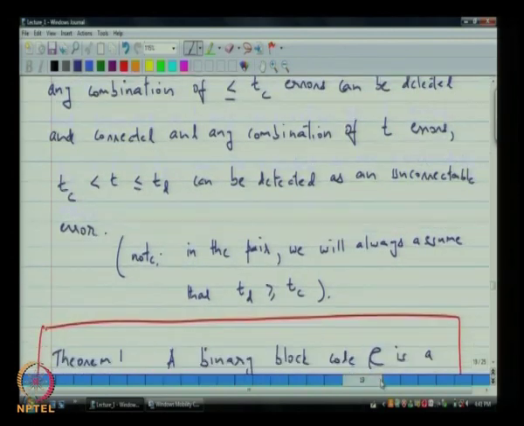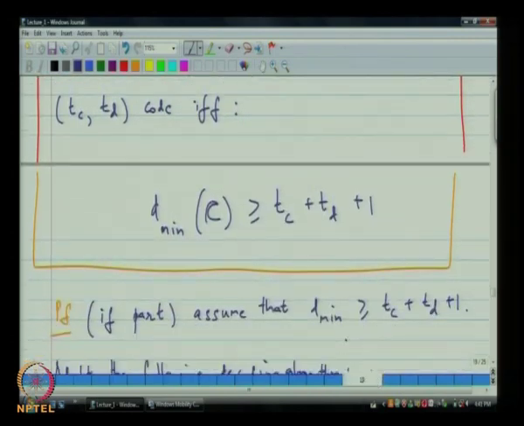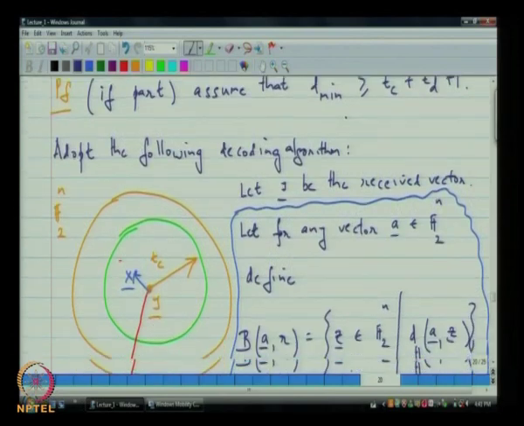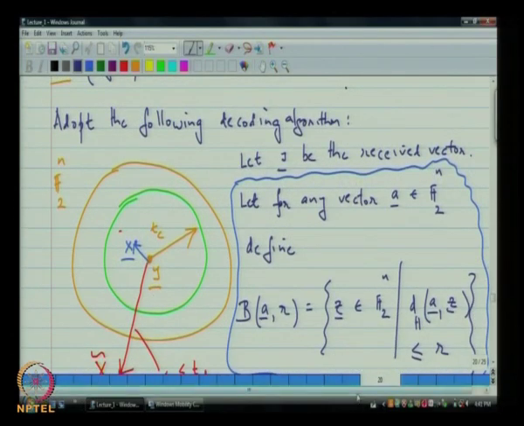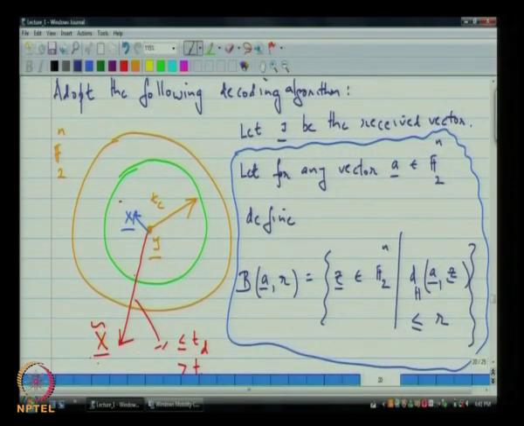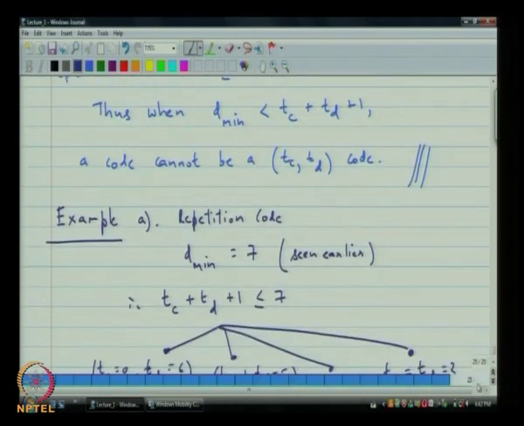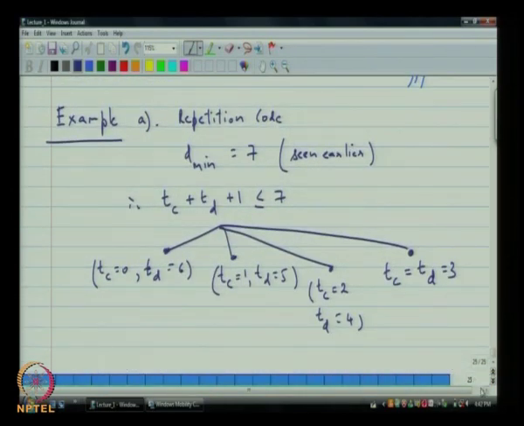In our decoding algorithm what we actually did was we took the received vector, drew a ball of radius T sub C around it and looked for a code word. So, if T sub C is larger or smaller, this ball gets bigger or smaller. So, the decoding algorithm changes with the parameter set that you choose, and this is what allows the code to provide different measures of error correcting capability. So, this is for the case of the repetition code.